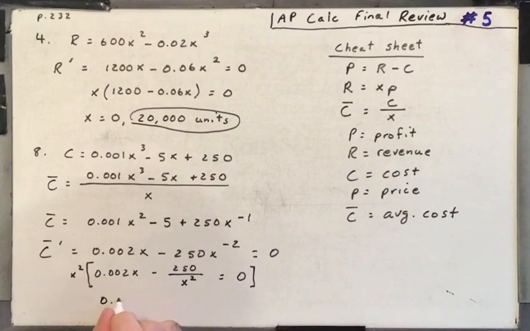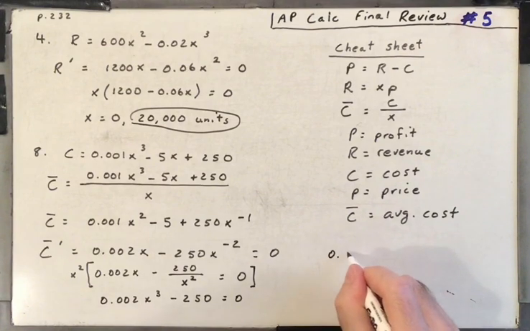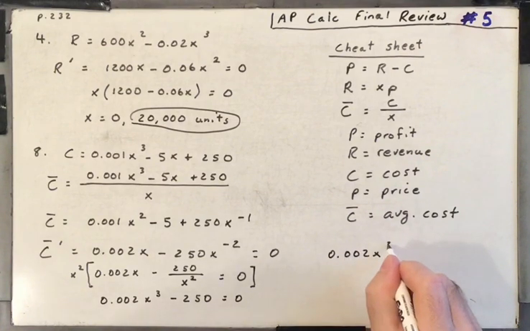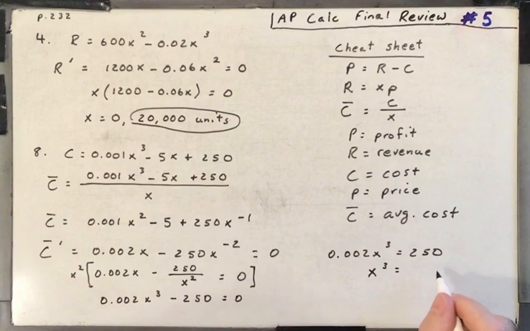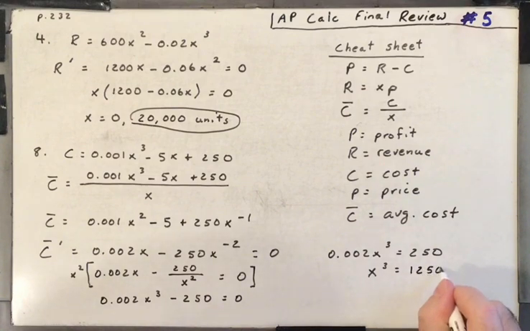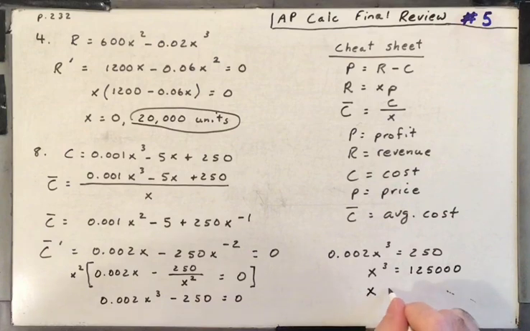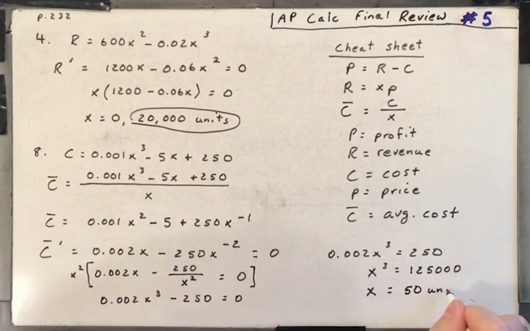So that's 0.002x cubed minus 250 equal to 0. So 0.002x cubed is equal to 250. x cubed would be equal to 125,000. Take the cube root of that, and x is 50 units would minimize the average cost.